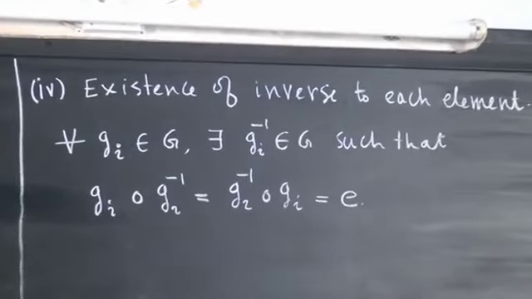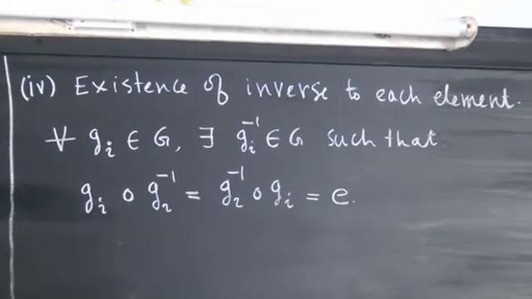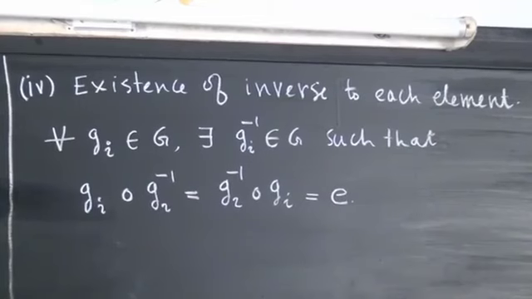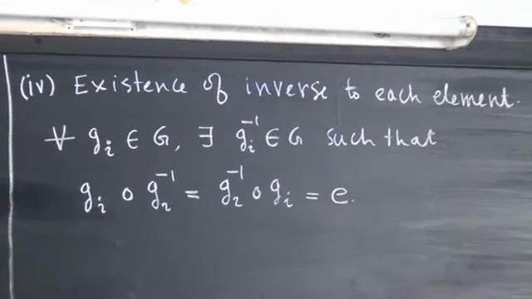So if any set with a binary composition satisfies these 4 axioms, then we will call that a group. So this is the definition of a group.